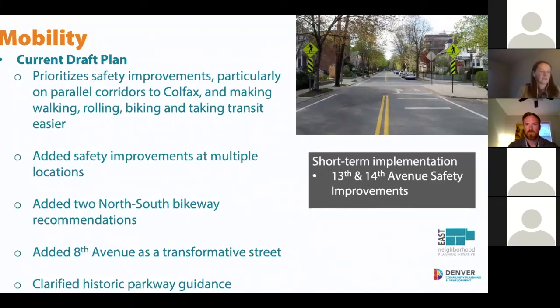And really that came directly out of these plans and recommendations for safety and intersection improvements. That's moving forward in the short term. I think it's a good example of things that can come out of these plans and lead to quick implementation.